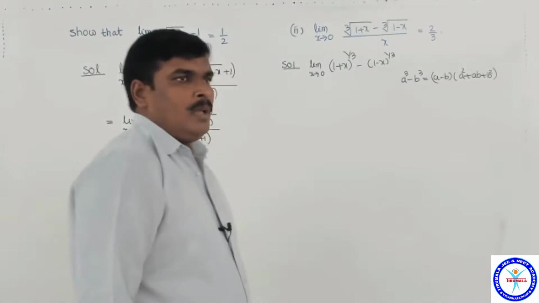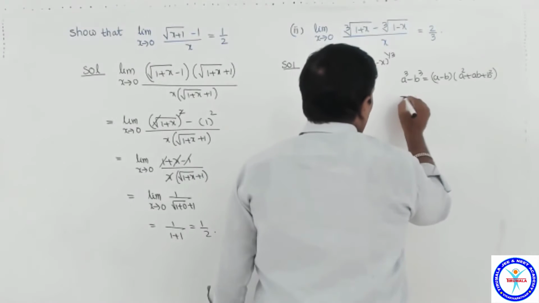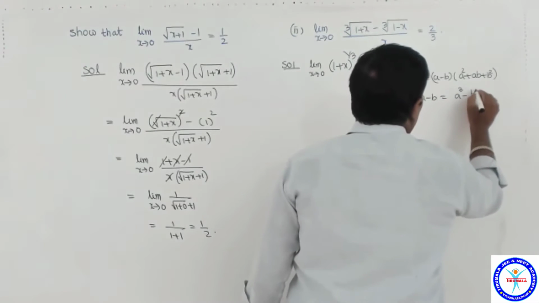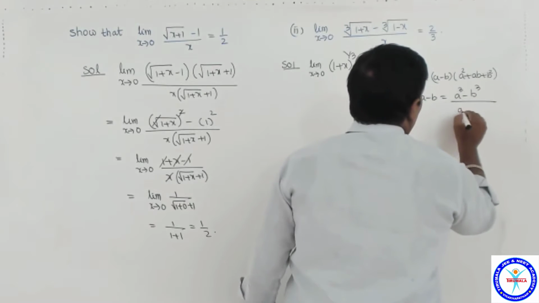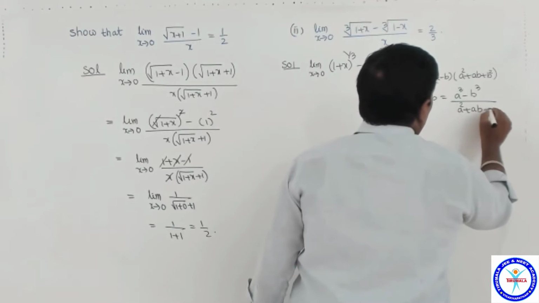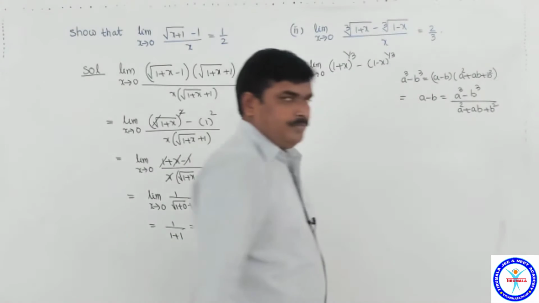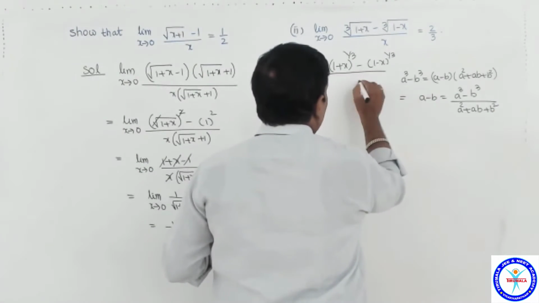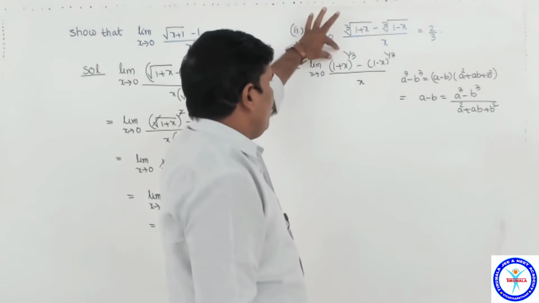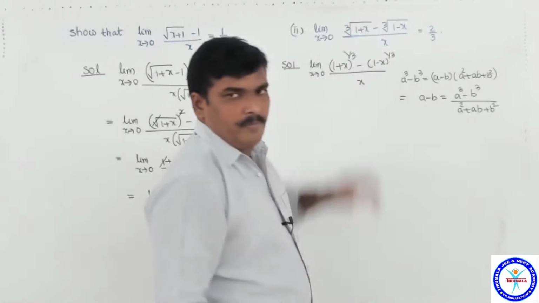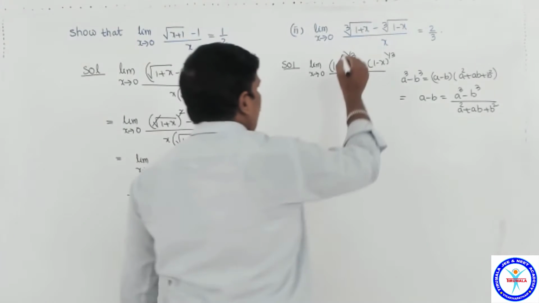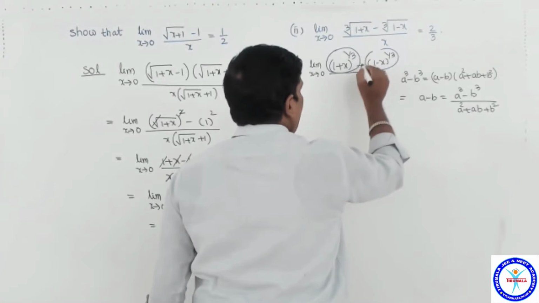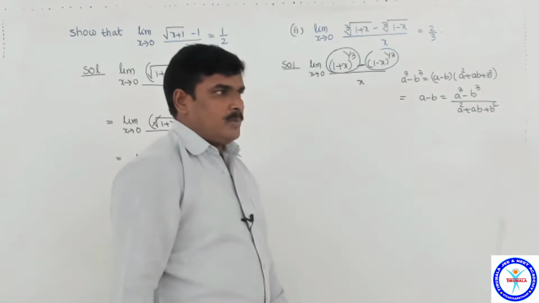So a minus b equals (a cube minus b cube) by (a square plus ab plus b square). So remember that it is in the form of a minus b; this is a and this is b.